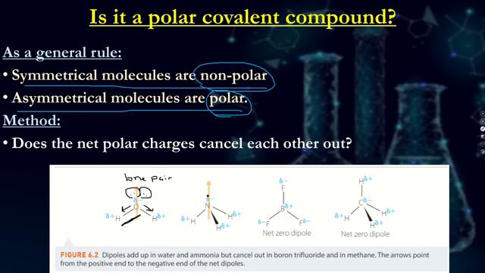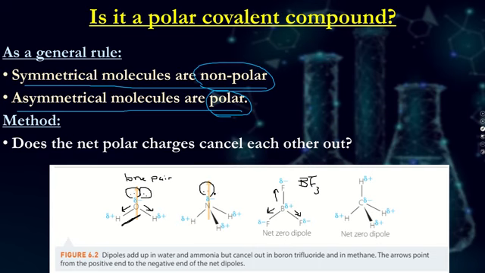Same idea with ammonia. It actually has one lone pair of electrons, and so that actually makes it net negative overall. If you have a look at BF3, for boron, it's net positive at the middle. It bonds to fluorine, fluorine, and fluorine only.